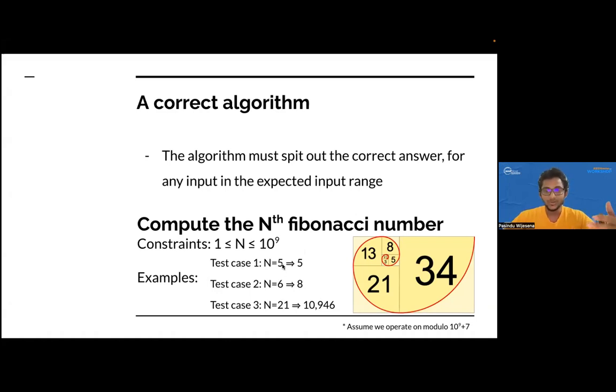You have to come up with a general algorithm that solves this general problem across the constraints that have been given, right? So when we are coming up with the algorithm, for us, the n is not going to be just 5, 6, or 21. It's going to be any number between 1 and 1 billion in this case.